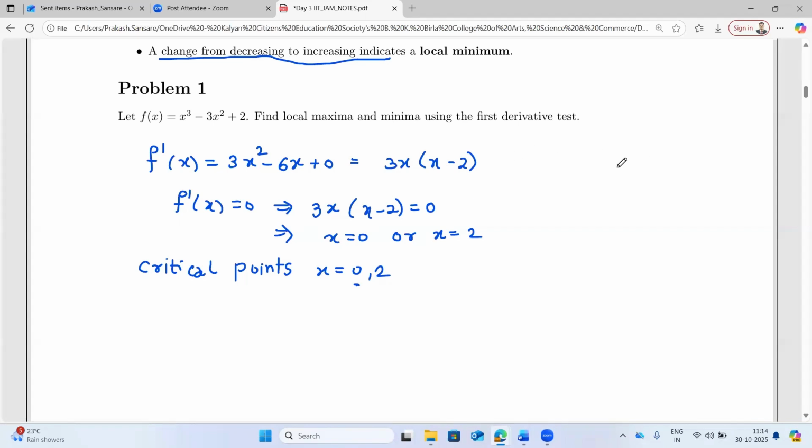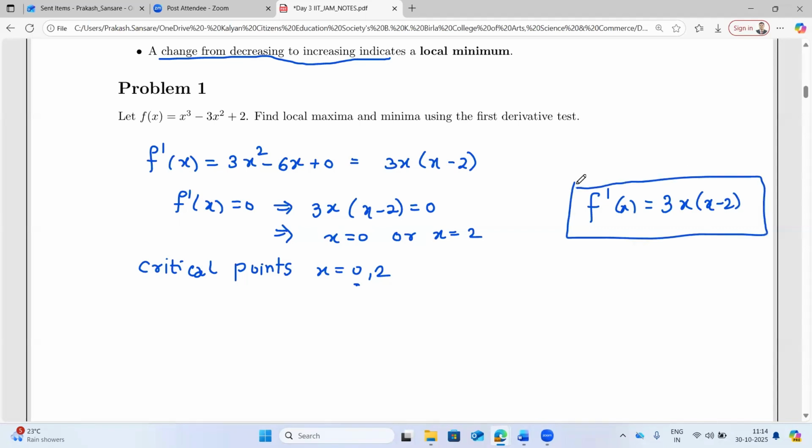So now here, what is my f dash x? f dash x is equal to 3 times x minus 2, right? Let's find out if x is strictly less than 0. What happens to f dash x?